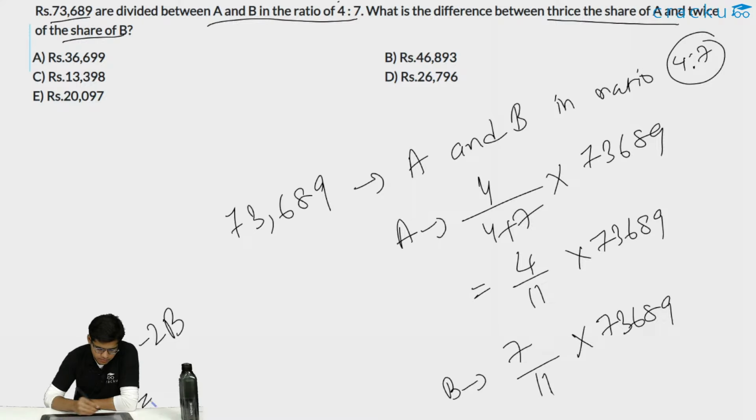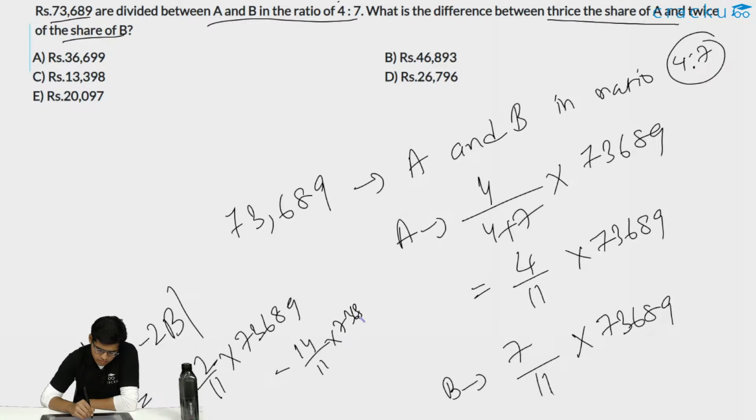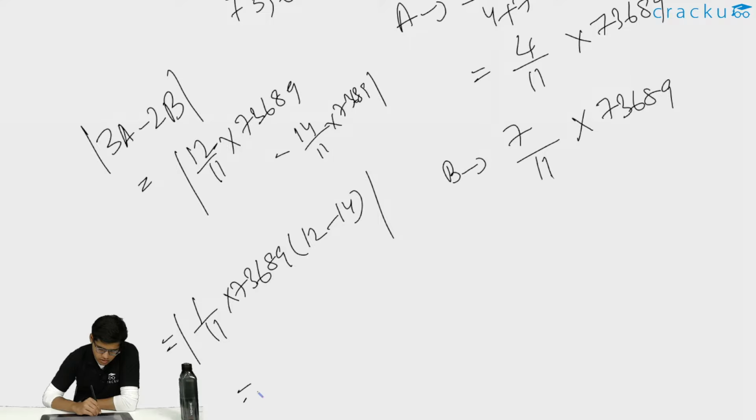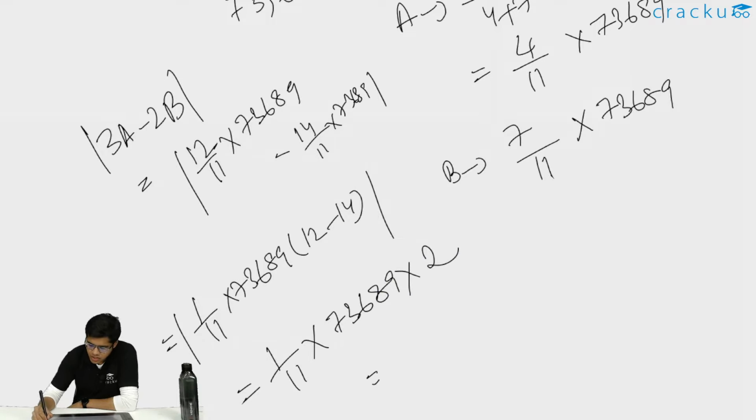So thrice of A, the difference, right? Thrice of A will be 3 fours are 12. 12 by 11 into 73689. 2 sevens are 14. 14 by 11 into 73689. So basically, if I take 1 by 11 into 73689 as common, it is 12 minus 14. 12 minus 14 is 2, right?